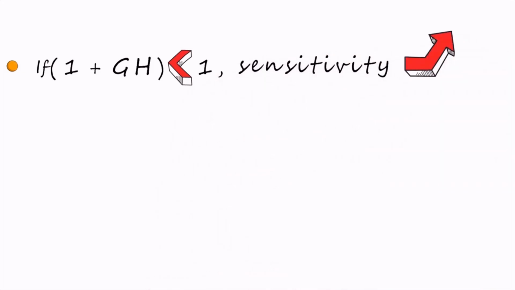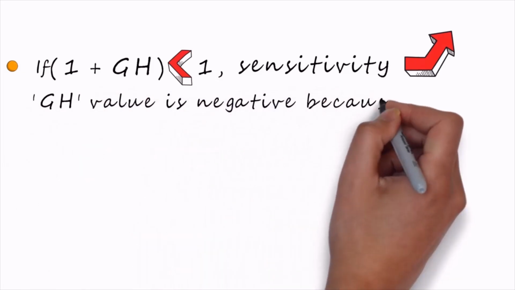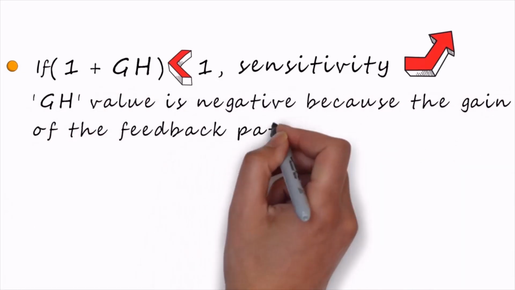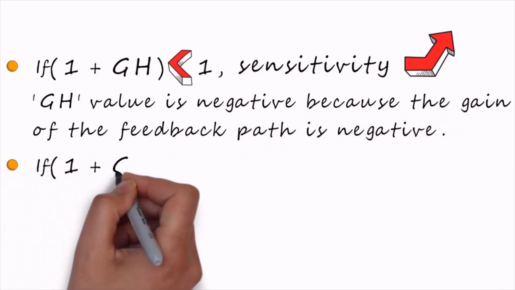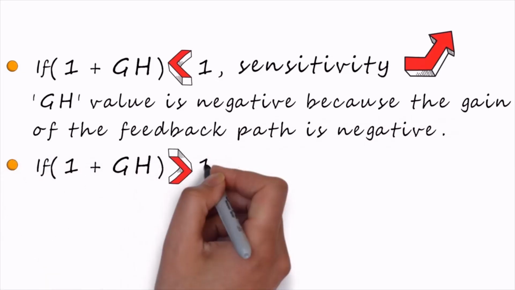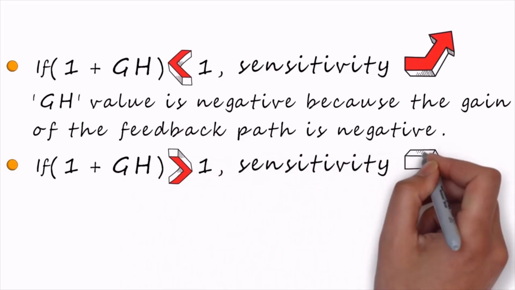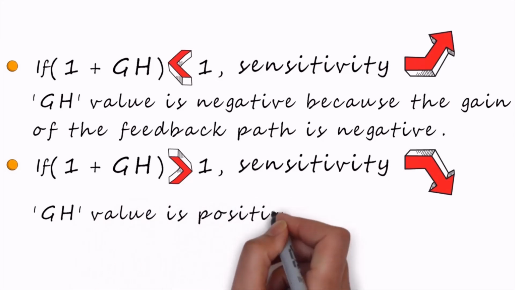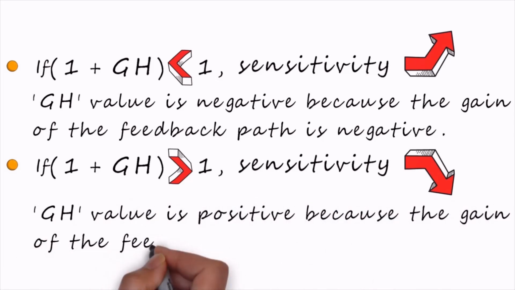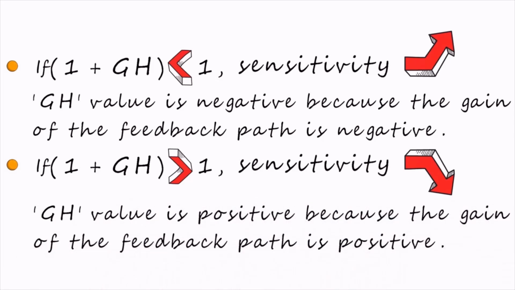In this case, GH value is negative because the gain of the feedback path is also negative. And if the value of 1+GH is greater than 1, then the sensitivity decreases, and in this case, GH value is positive as the gain of the feedback path is also positive.